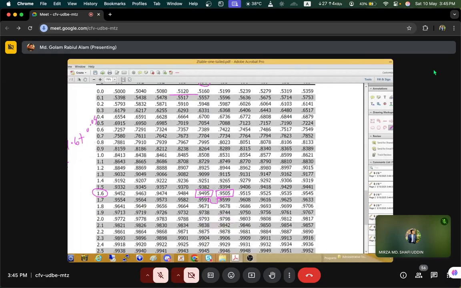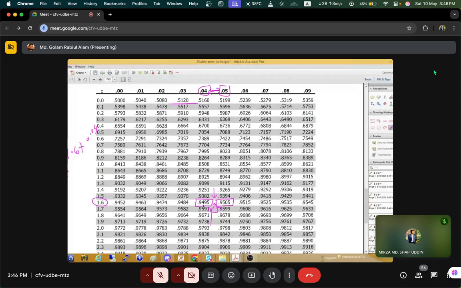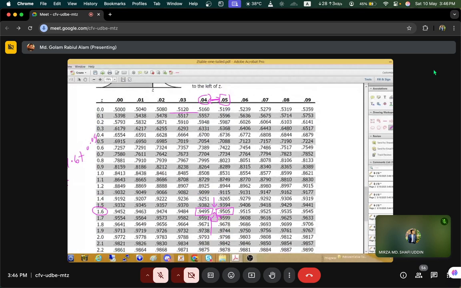So the Z alpha will be between these two values. You can find that value using the interpolation mechanism, for how much difference in our alpha value.